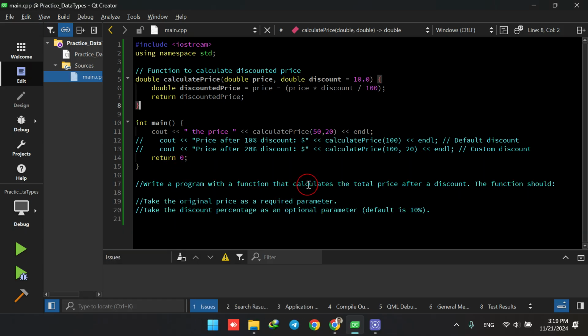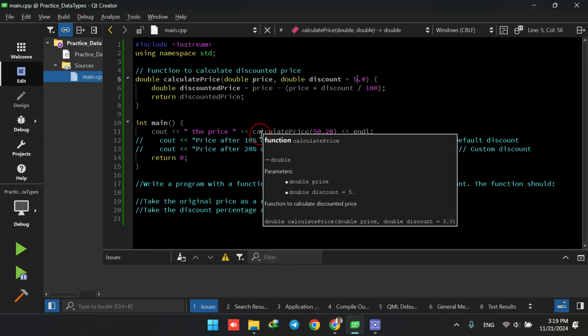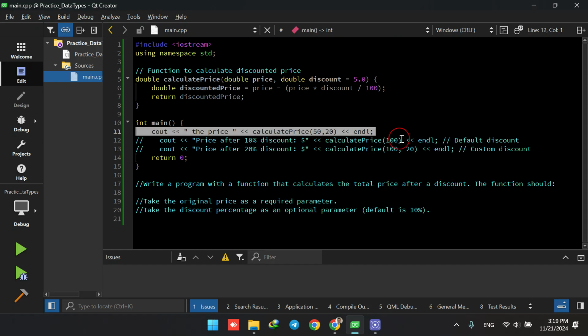So this is an efficient way to write only one function instead of two. By default, it's going to take the value 10, and we can change it to 5, to 2, to whatever we want. For example, here now it's 5. If we are investigating one specific case, the optional argument can be changed as we call it in the int main function.